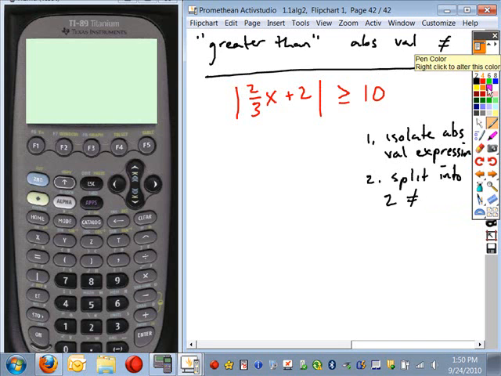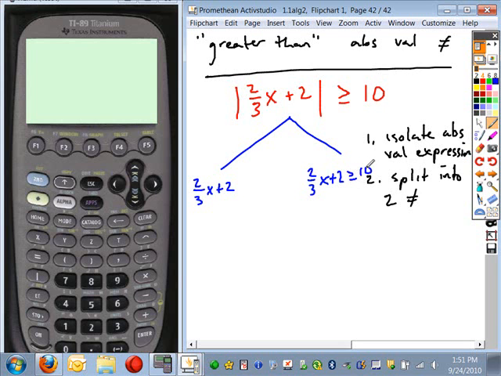The way you split is just like with an equation: you start with exactly what's inside your absolute value expression on both sides. On the right side, just copy down what was given, so greater than or equal to 10. On the left side, you're going to compare it to the opposite of 10.